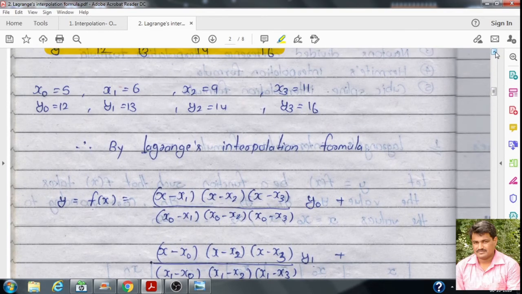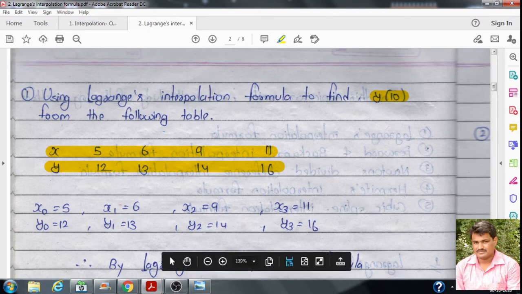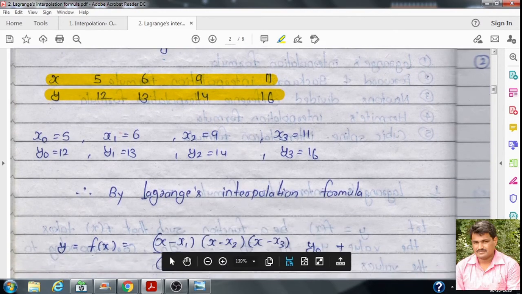Which factors? Here this is x0. This is x1, x2, x3. Factors will be x minus x0, means x minus 5, into x minus 6, into x minus 9, into x minus 11. And hence here we have y0, y1, y2, y3. Hence this formula will contain total 4 terms.